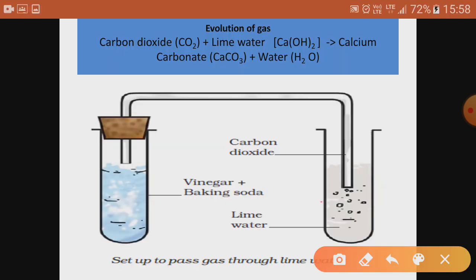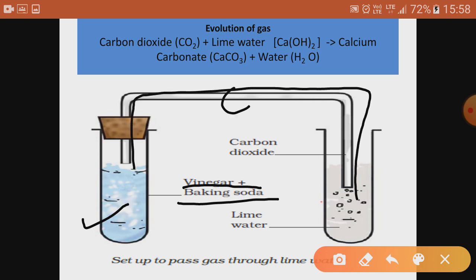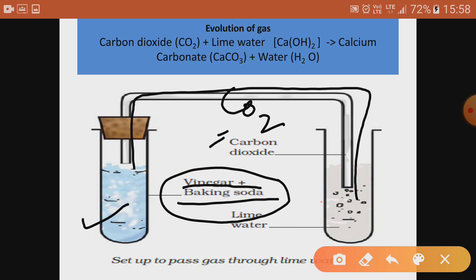Now there is one activity where we can give one more example of chemical change. Here in this setup, we have to take baking soda and vinegar. We put it in one of the test tubes, and with the help of a delivery tube we will collect carbon dioxide, because we know whenever baking soda gets combined with vinegar, CO2 is formed.